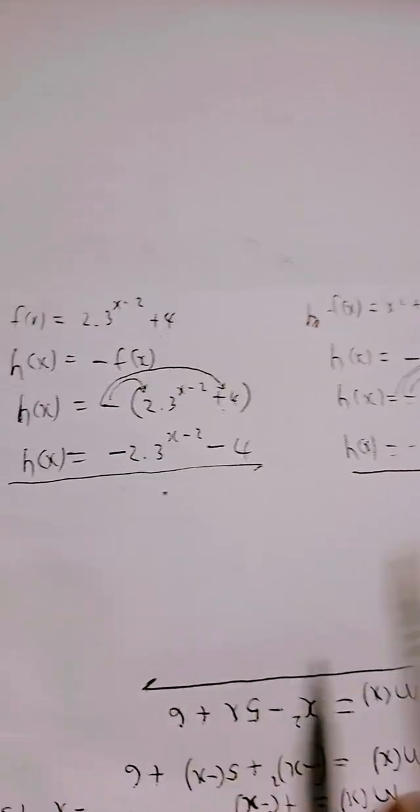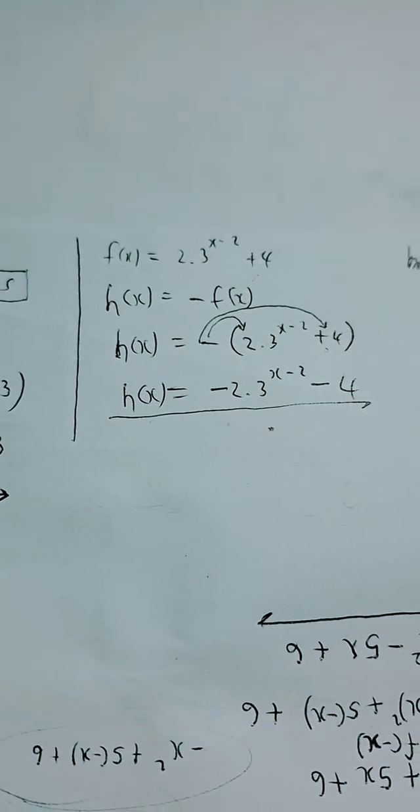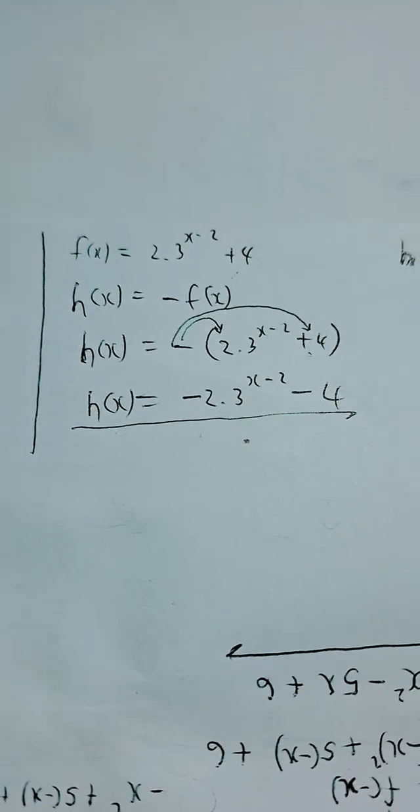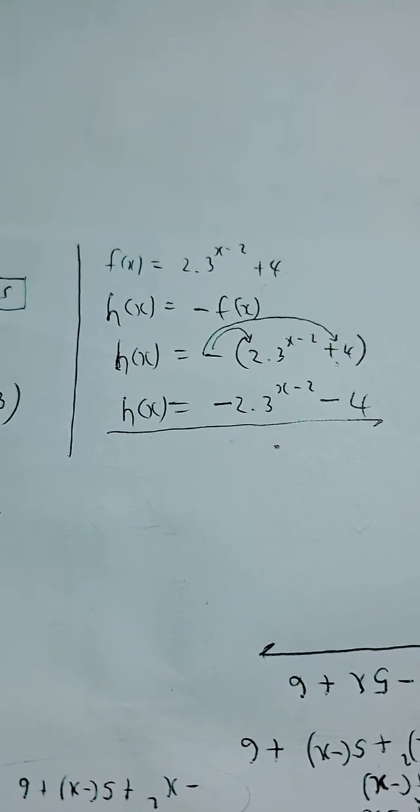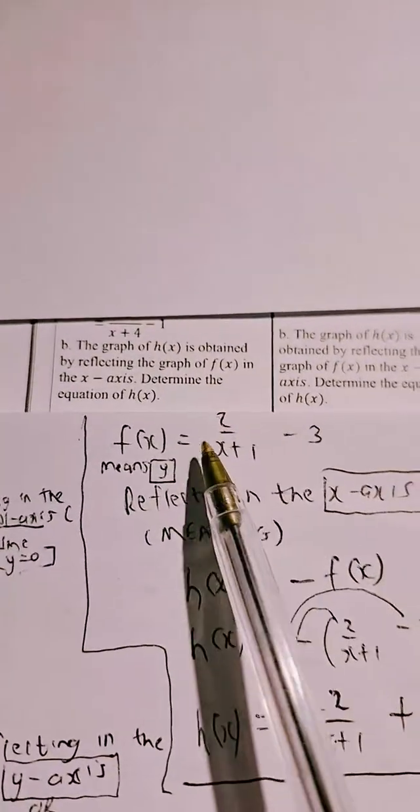So now we were looking at questions that have to do with the change in the equation of the function once it has been reflected. I want to go to the questions now. So we were given this function f of x.